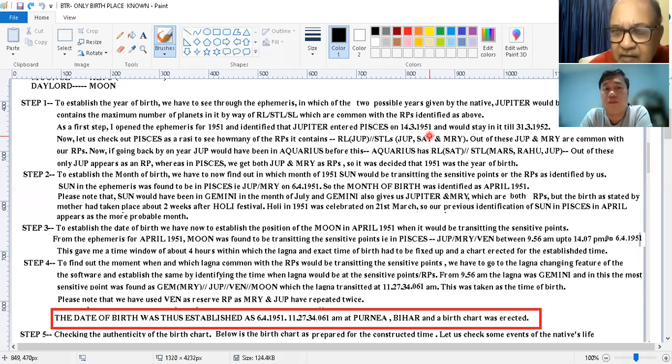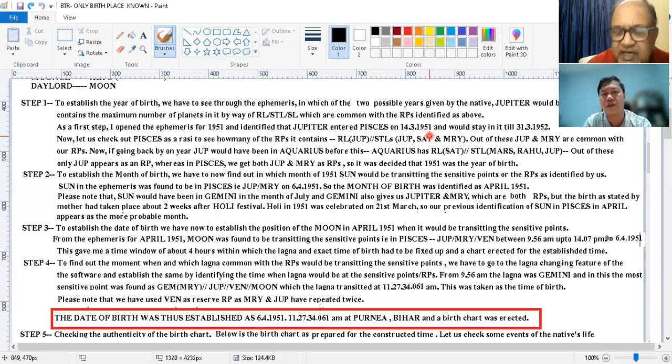So what does that mean? In which Rashi would Jupiter have been for 1950, if it is entering Pisces on 14th March 1951? Aquarius. It would have been in Aquarius.